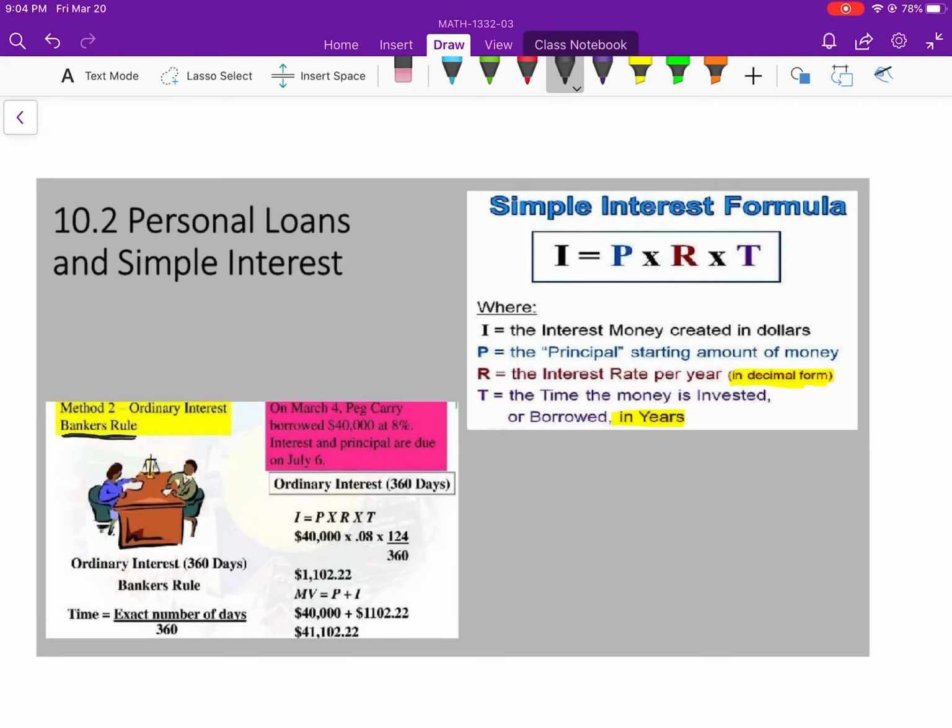Notice my formula stays basically the same, I equals P times R times T. However, my T is based on 360 days. So the number of days over 360 will represent my unit of time.